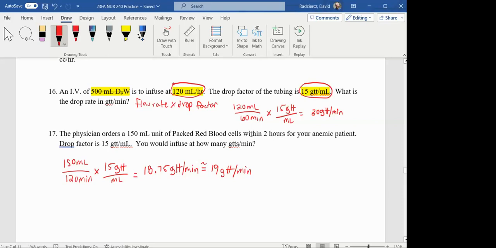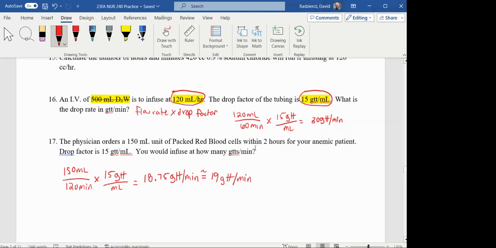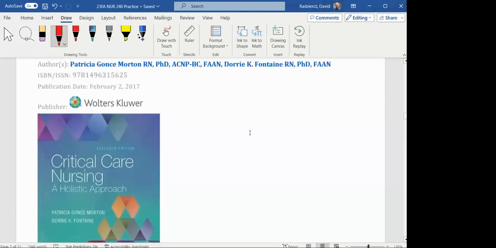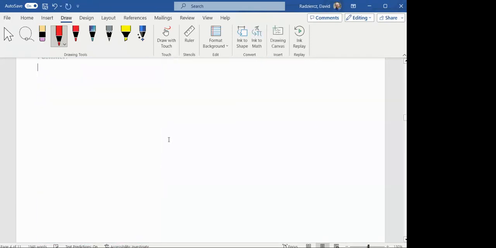So again, if you come back into this, the 23 fall 240 practice, the key is all going to be wrong. I apologize in advance for that. I'm also going to get rid of the stuff at the beginning here.